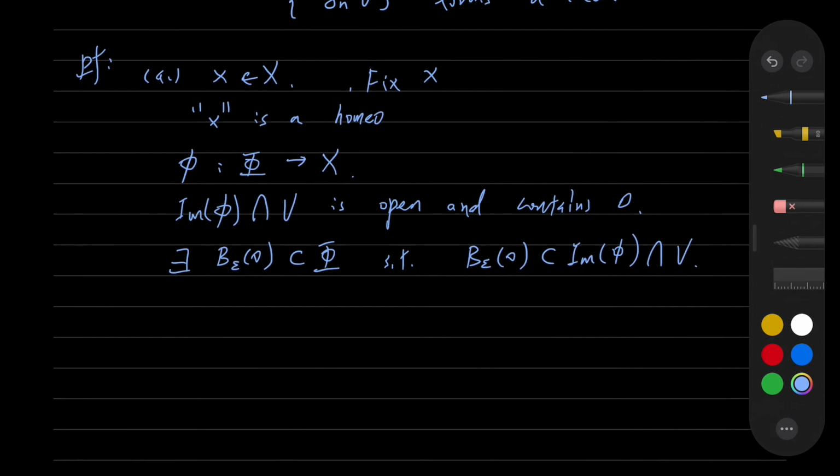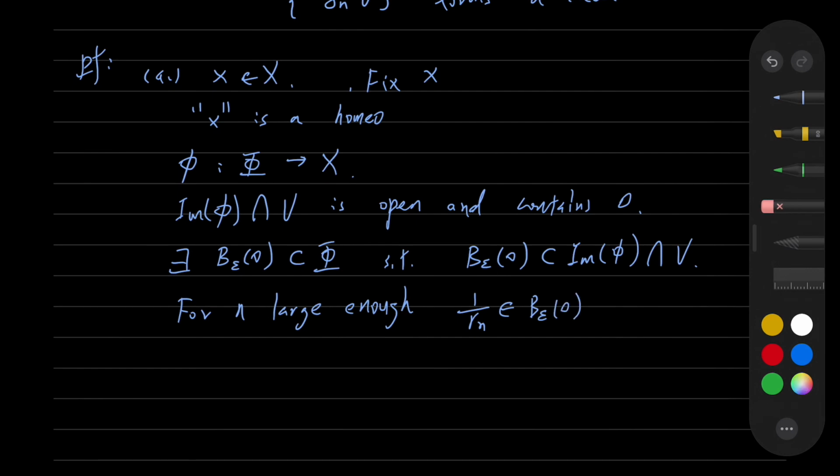Then it follows immediately that for n large enough, this number will lie inside this ball.